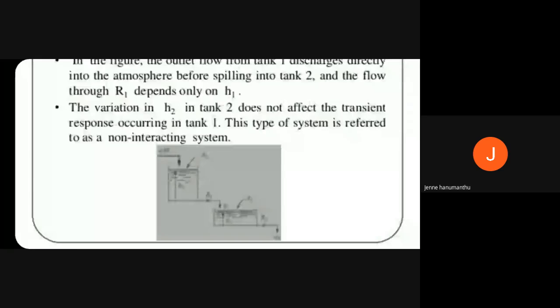See, this point is important. This type of system refers to a non-interaction system. So if you provide this type of arrangement and this type of conclusion, it comes under a non-interactive system. We will see this interactive and non-interactive system practically. Okay, next slide.